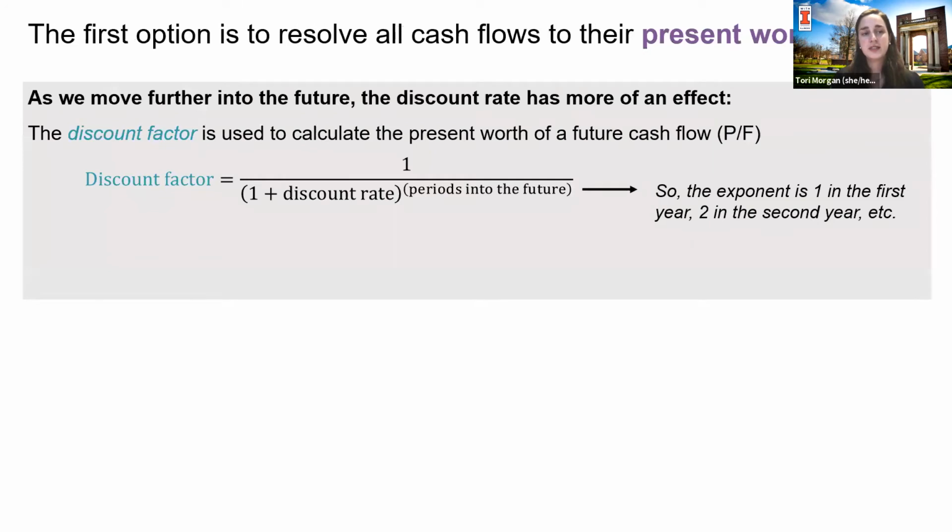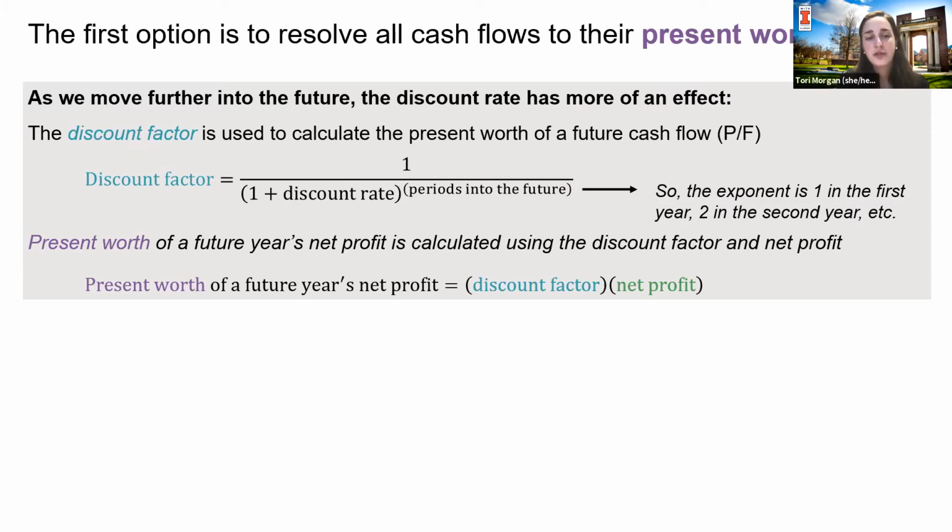We'll take the discount rate into our next equation, the discount factor, which is used to calculate the present worth of a future cash flow. The discount factor is 1 over 1 plus the discount rate, to the number of years. So you'll use an exponent: in the first year the exponent is 1, the second it's 2, the third it's 3, and so on.